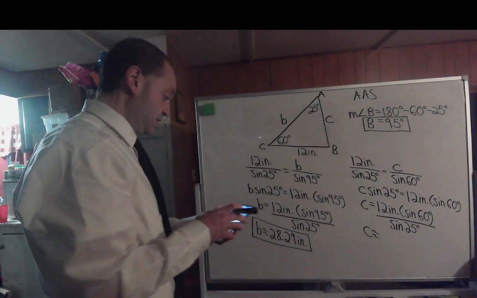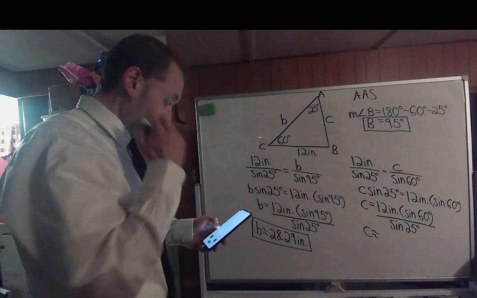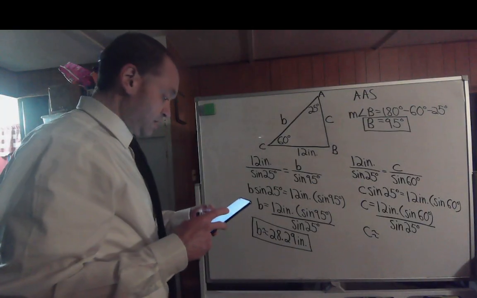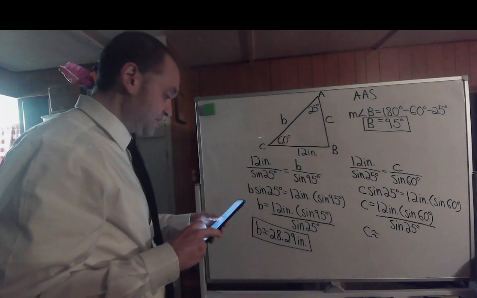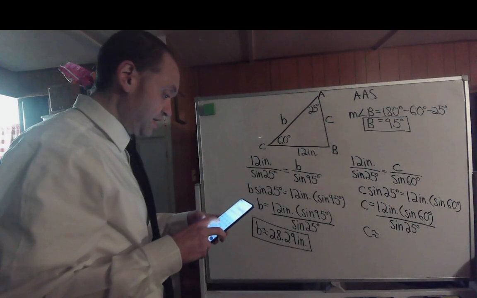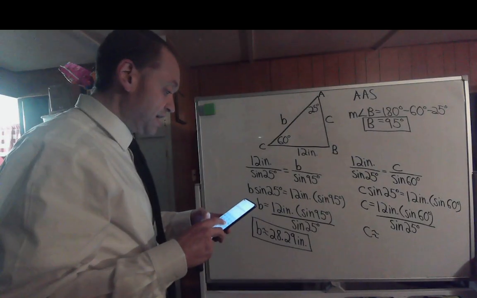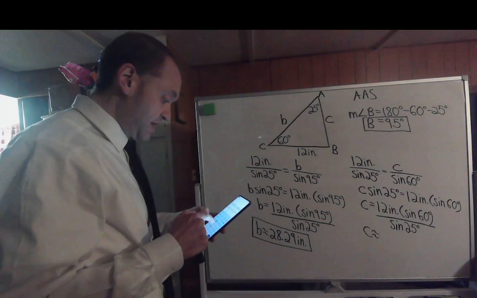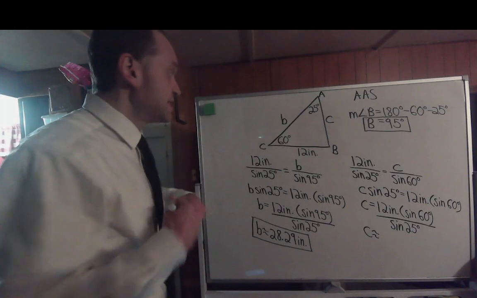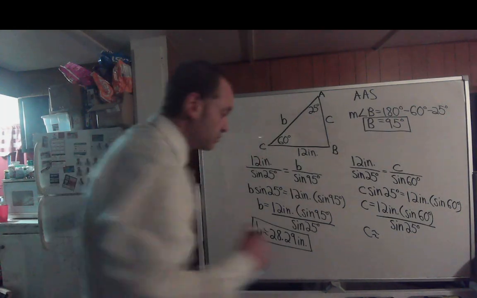So then C, we should be able to get a 2 decimal place approximation. So let's go ahead and multiply all this. So 12 times the sine of 60. Now take that and divide that by the sine of 25 to 2 decimal places. You get that C is approximately equal to 24.59 inches.